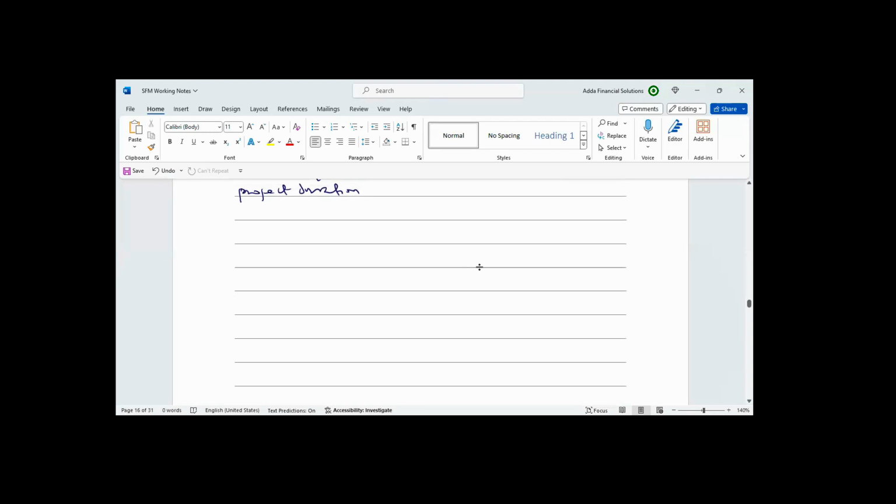Say, for example, we want to use the present value method.